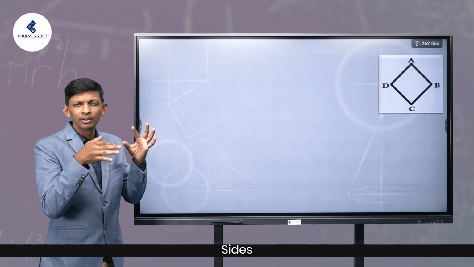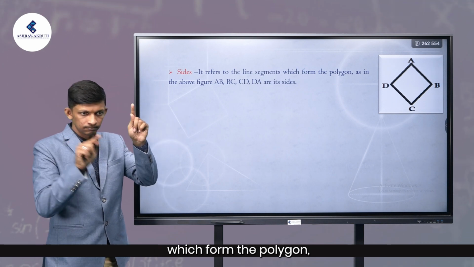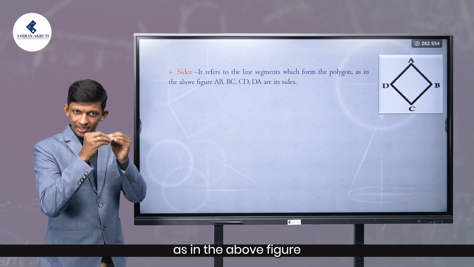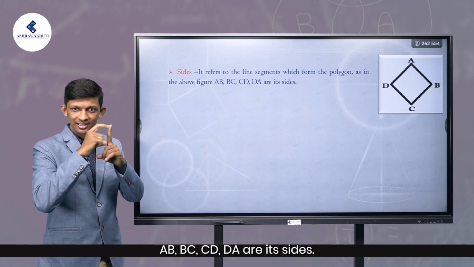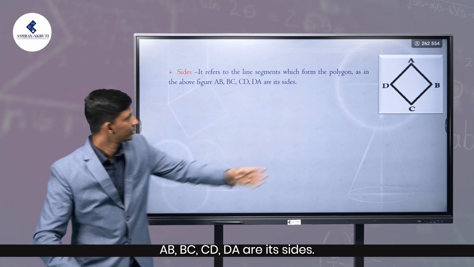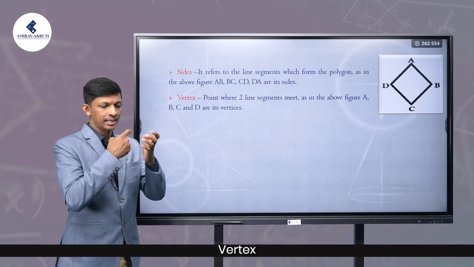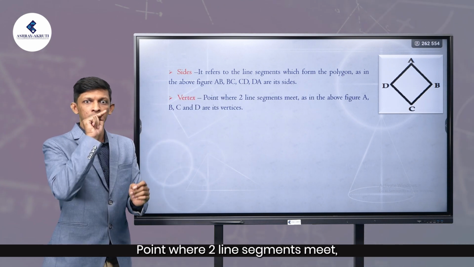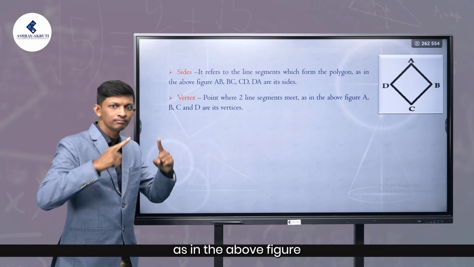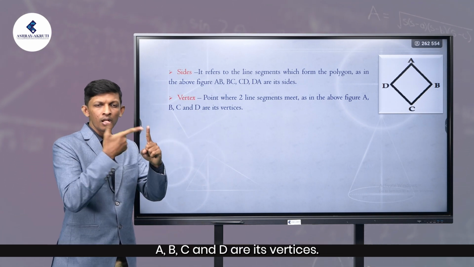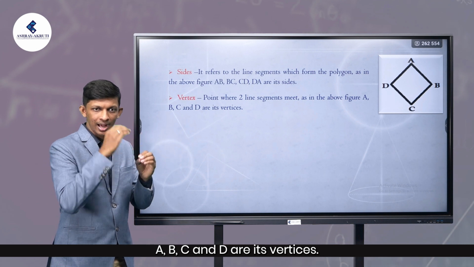Sides. It refers to the line segments which form the polygon as in the above figure. AB, BC, CD, DA are its sides. Vertex. Point where two line segments meet, as in the above figure. A, B, C and D are its vertices.